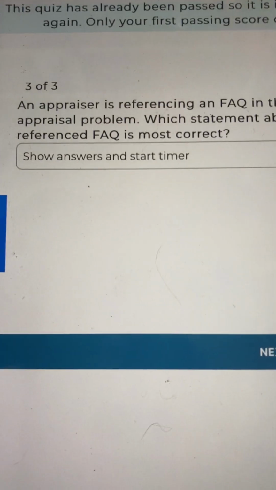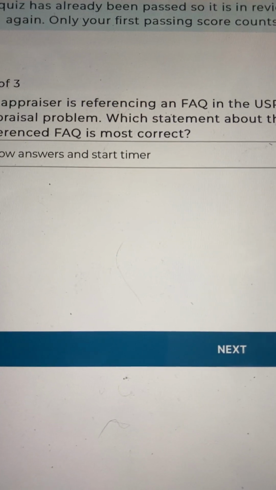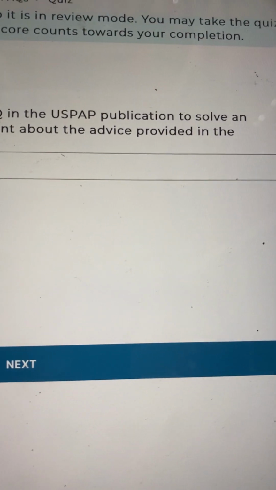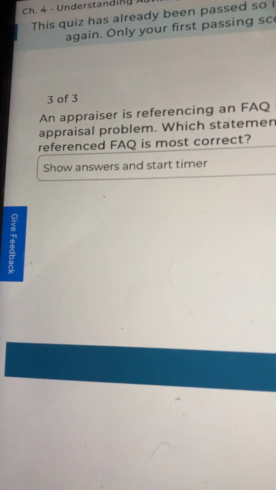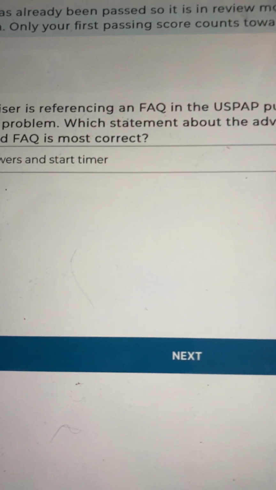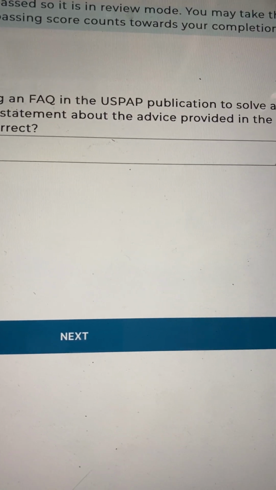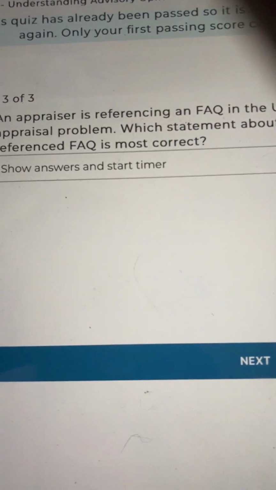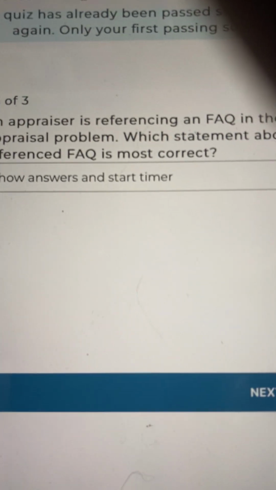Number 3. An appraiser is referencing an FAQ in the USPAP publication to solve an appraisal problem. Which statement about the advice provided in the referenced FAQ is most correct?